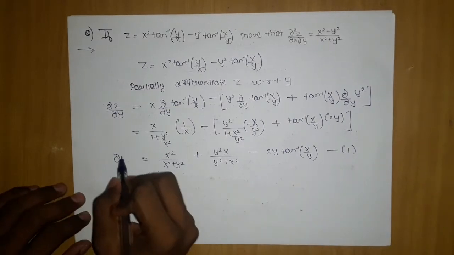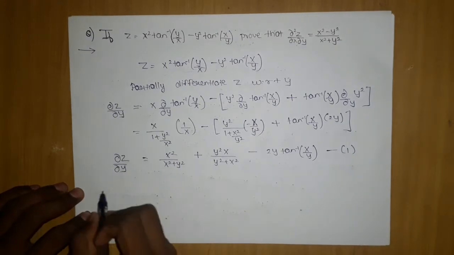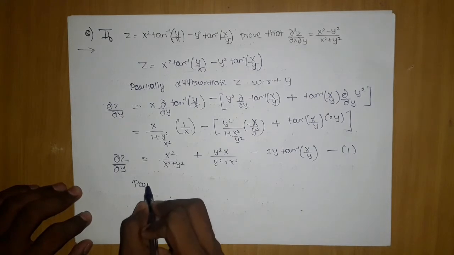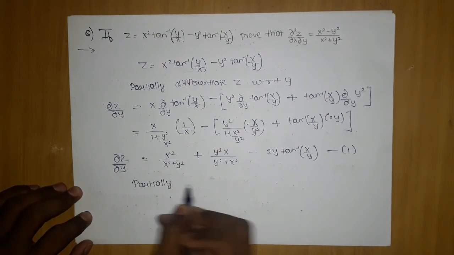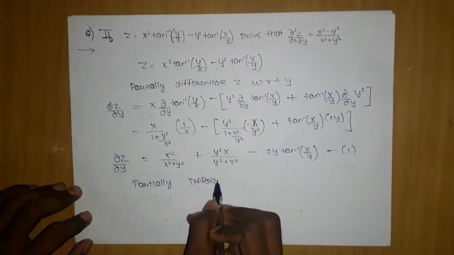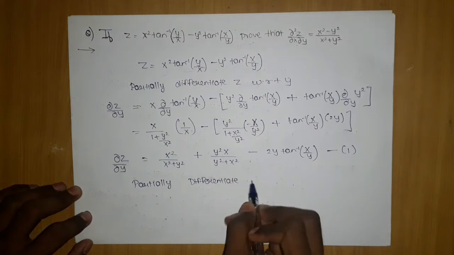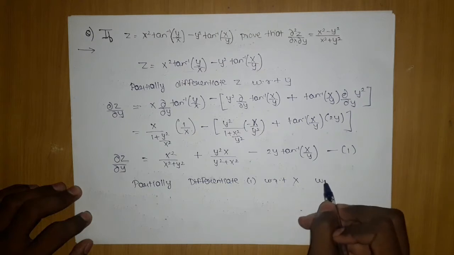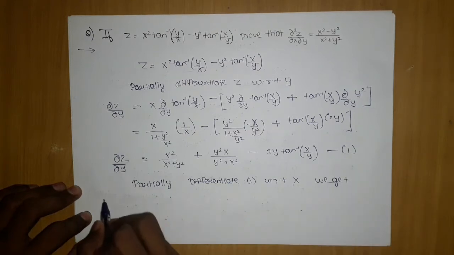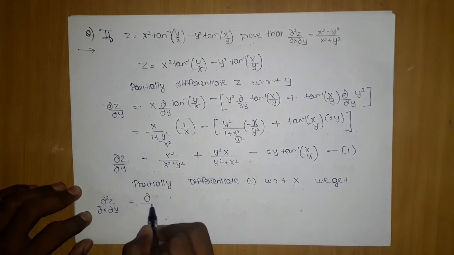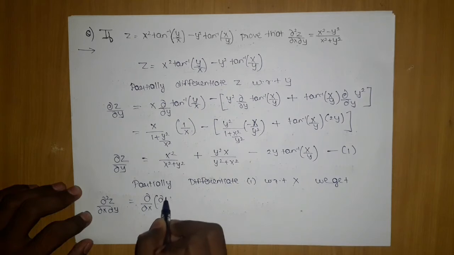Now this is dou z by dou y. Now we want dou square z by dou x dou y, which will be nothing but partially differentiating this with respect to x, that is dou by dou x into dou z by dou y.